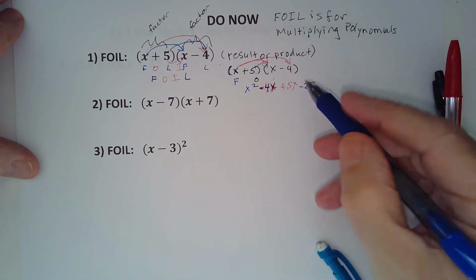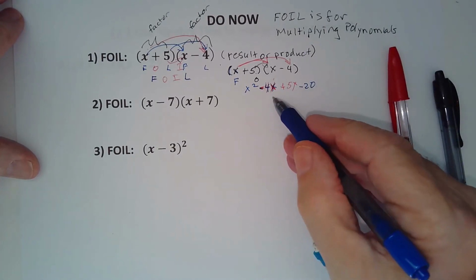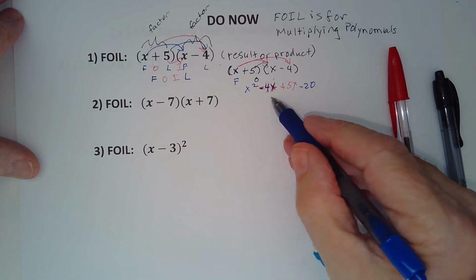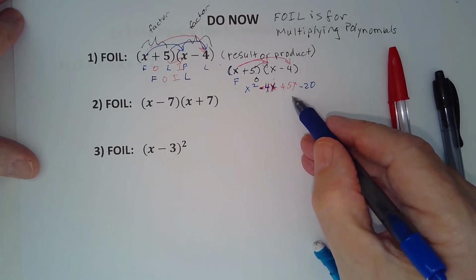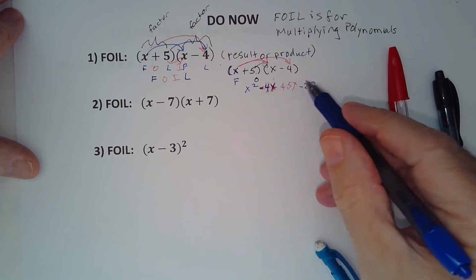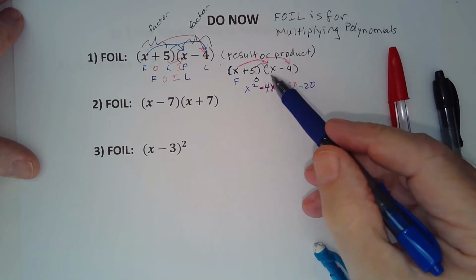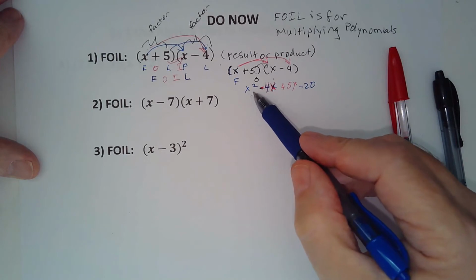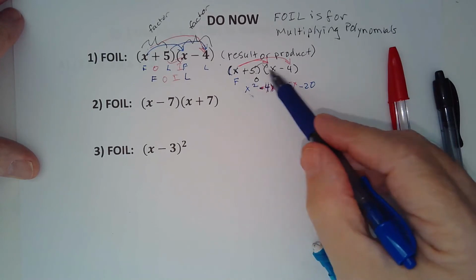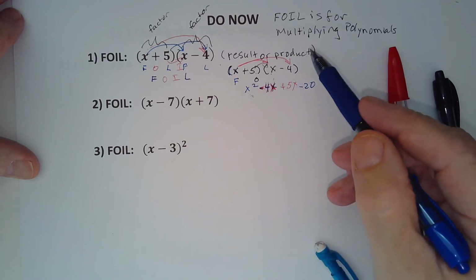All right. So what I want to try to show you here in the red is that the negative 4x and the 5x, those are like terms, and you're going to combine them. So what I'm trying to show you is that the outer term is always multiplied to the other outer term.